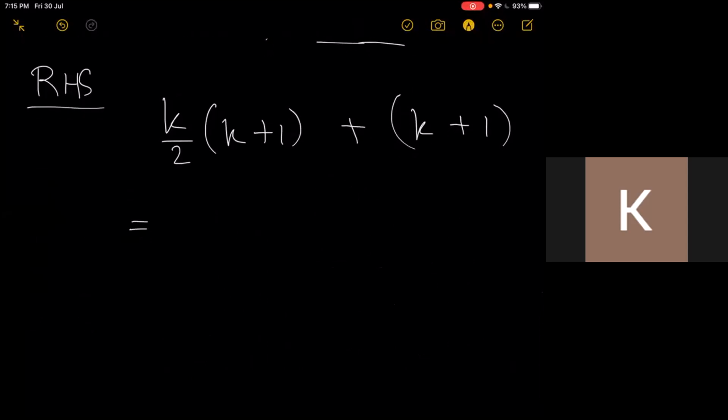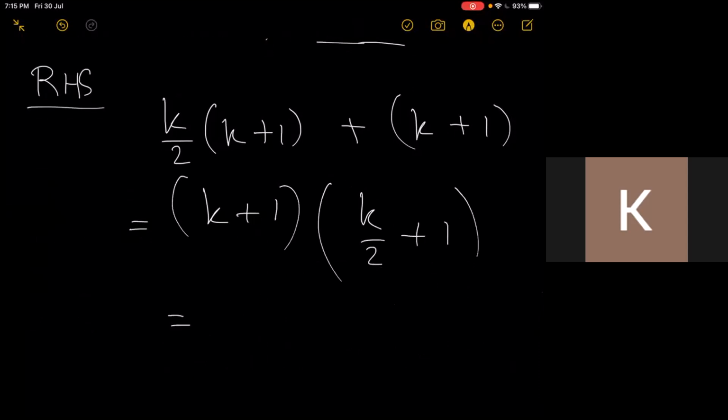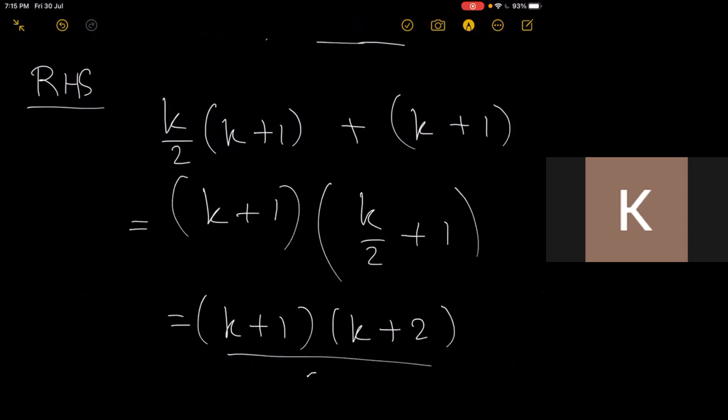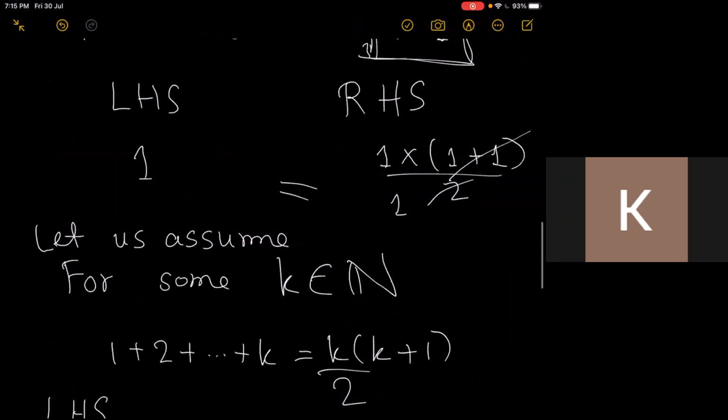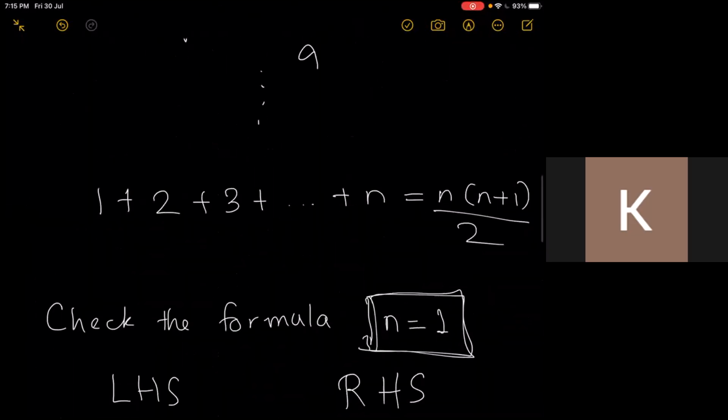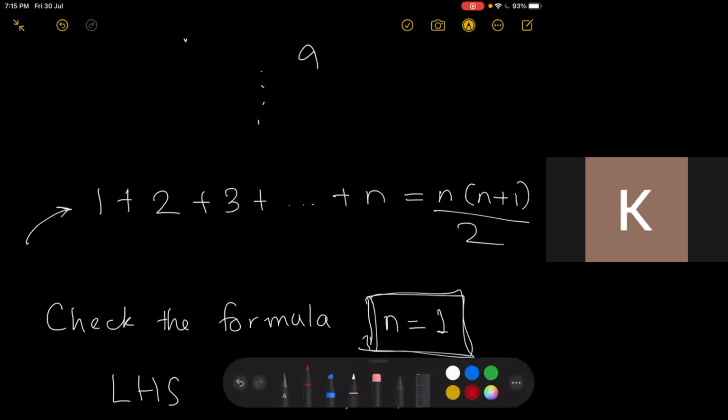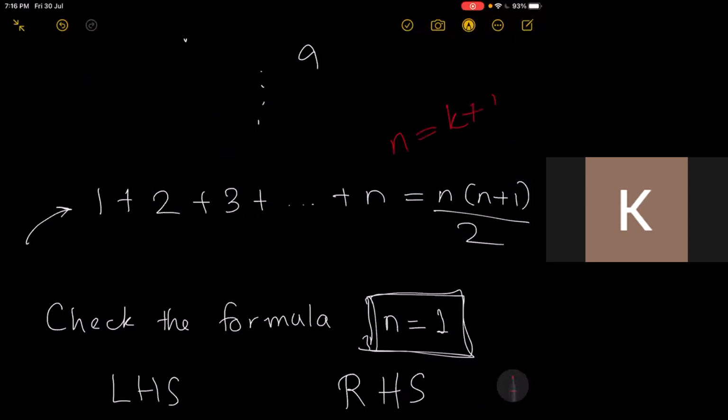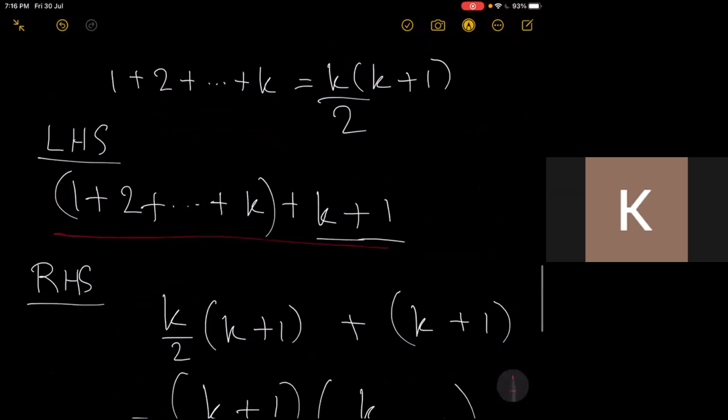So how much is this? I can take k plus 1 common, k by 2 plus 1. This becomes k plus 1 into k plus 2 by 2. Now see the original formula. If instead of n, I put k plus 1, what will be the LHS? The LHS for k plus 1 will be this thing, right?